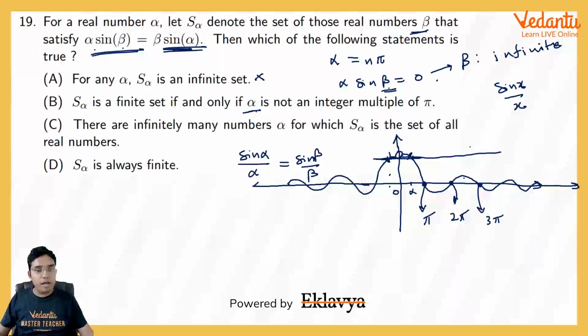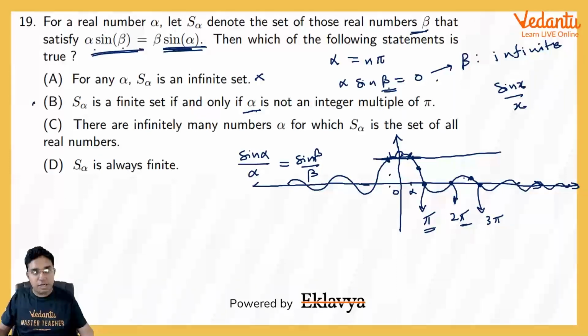Whatever value of alpha you choose, because this is a decreasing sequence, after a certain interval, whether you choose here or here, your value of sin alpha upon alpha will be bigger than any value you may obtain from the other cycles of this graph. So S alpha is a finite set only if alpha is not a multiple of pi. So that should be correct.